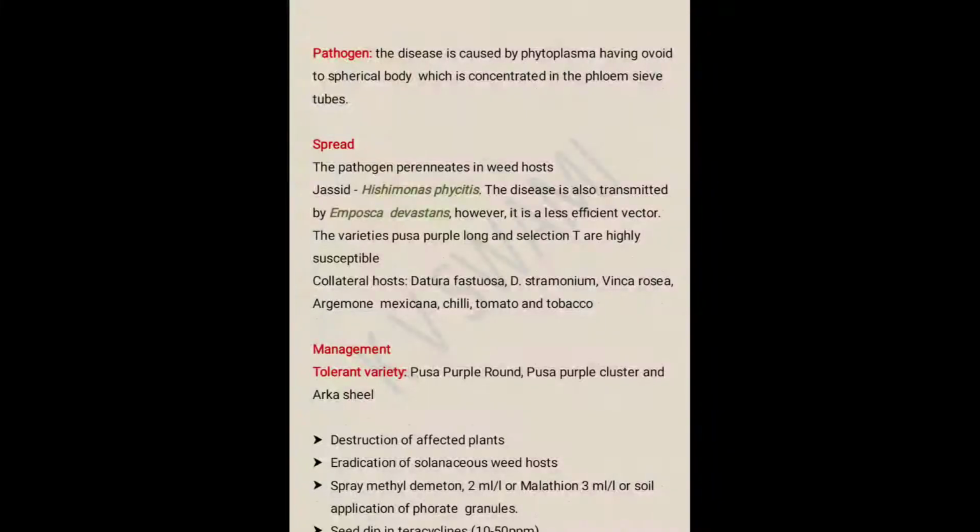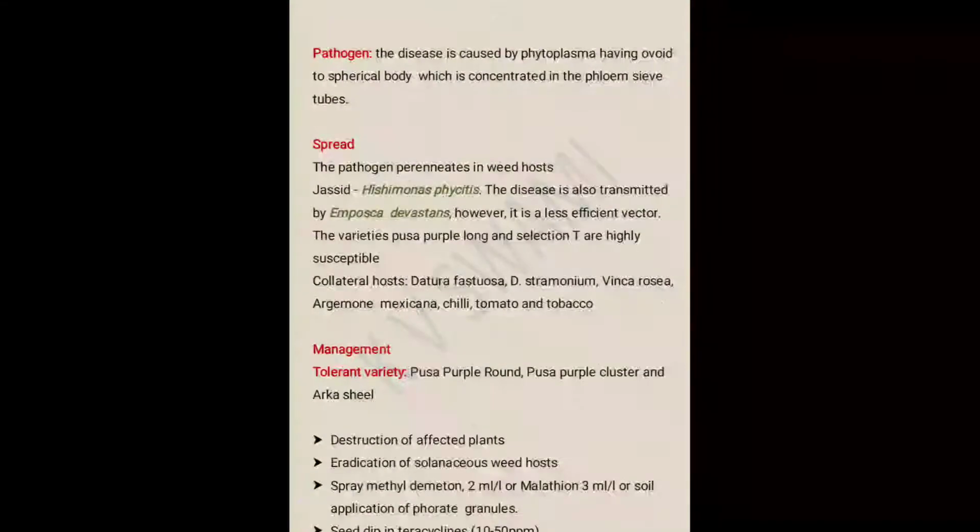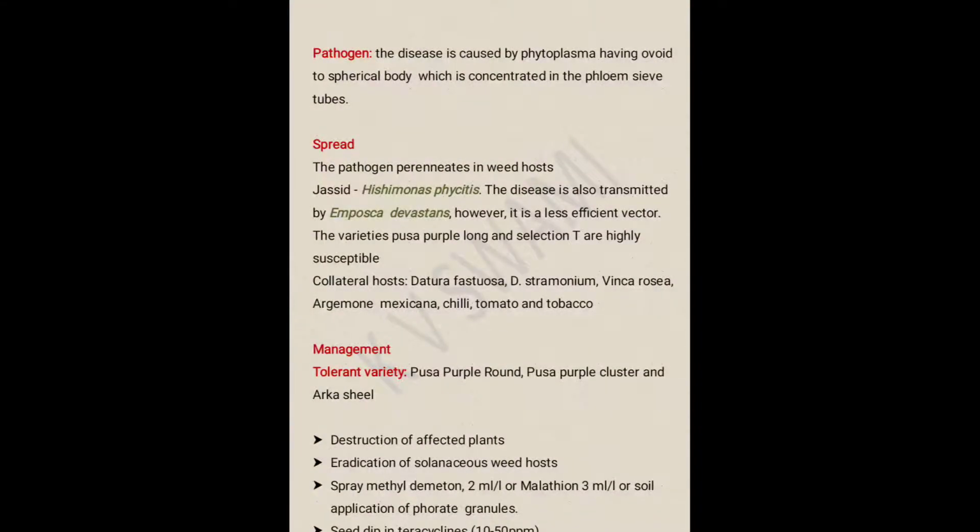Eradication of solanaceous weed hosts, means the weeds which belong to the solanaceous family should be removed from the growing area. Spray methyl demeton 2 ml per liter or malathion 3 ml per liter, or soil application of borate granules.